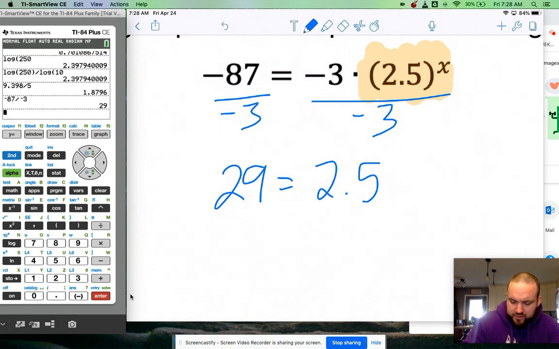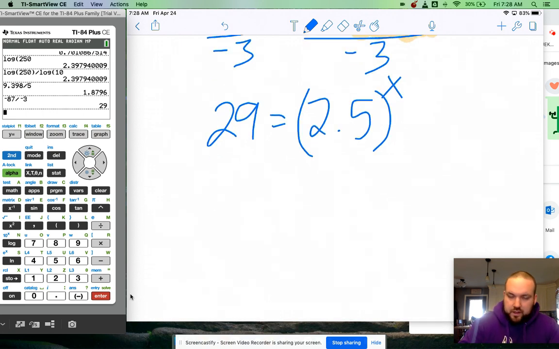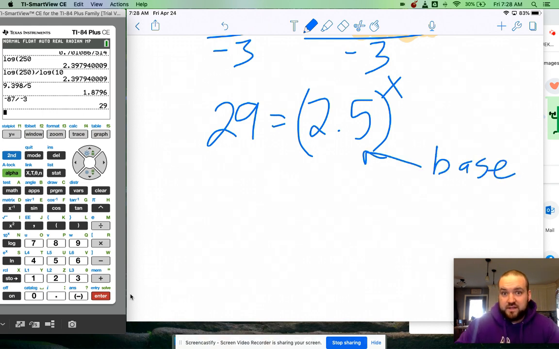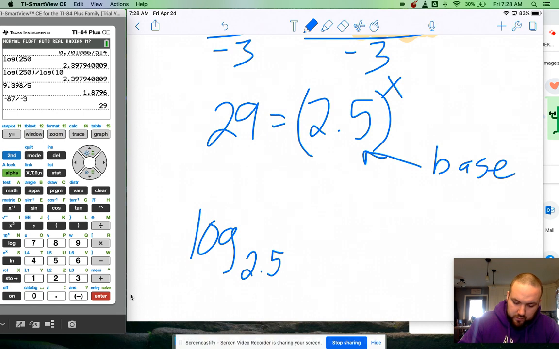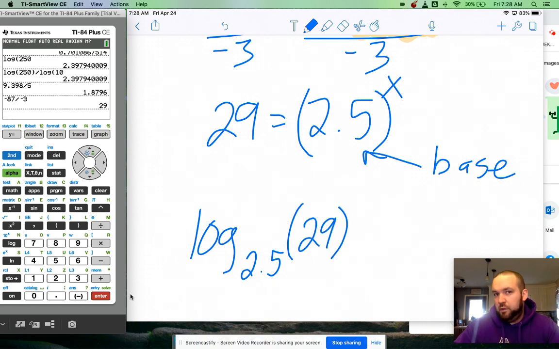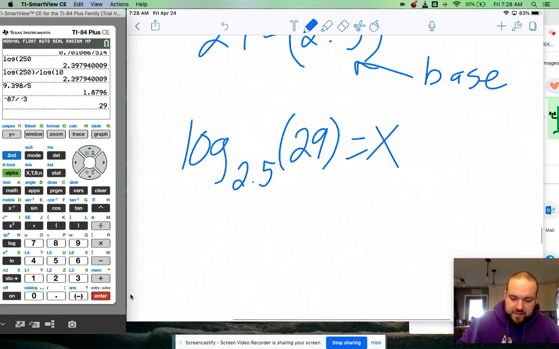as a logarithm. So 2.5 to the power of x equals 29. Now again, this is backwards, or it's written opposite of all the other ones. This is my base number, not 29. The base number has to have x as its power. So I'm going to go log base 2.5, which again, logs can have decimal bases, they just can't have negative bases, equals x here.